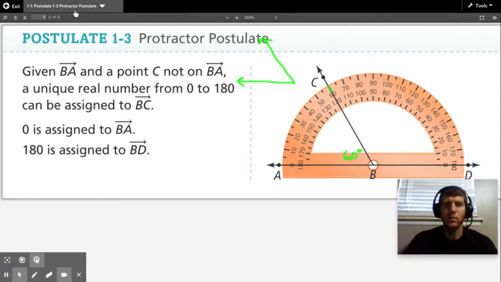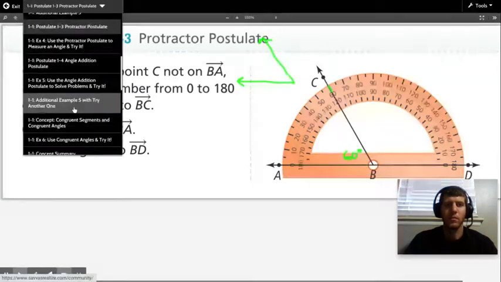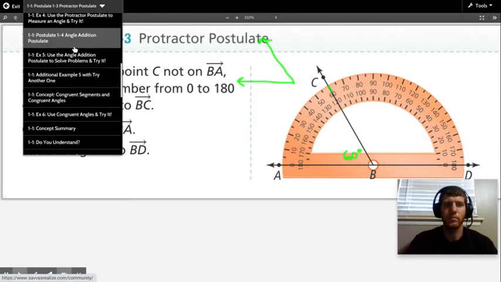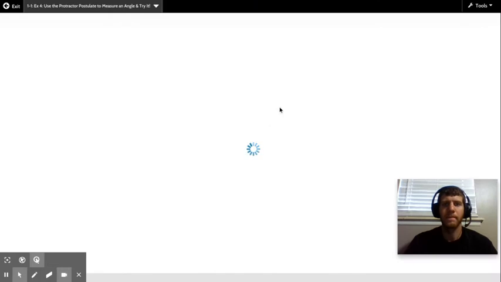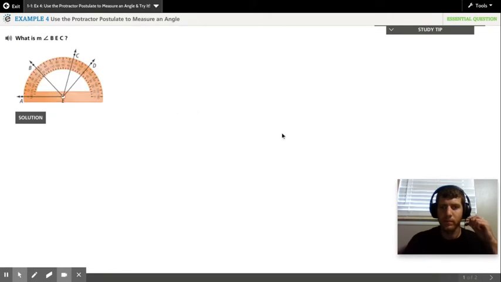Example 4 here, using that protractor postulate. It wants to know the measure of angle BEC.